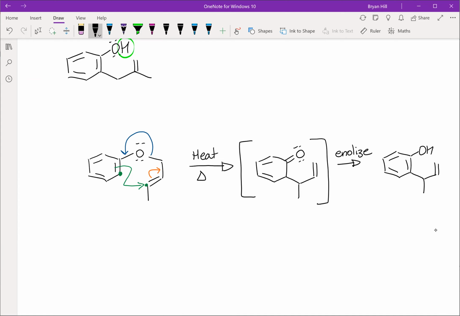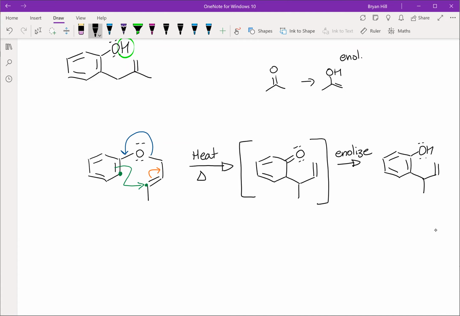And now we've got a carbon on this methyl group here. Sometimes when you go from a ketone to the enol, this is a tautomerization, but if you're going specifically in this direction, people call it an enolization because you're making the enol.